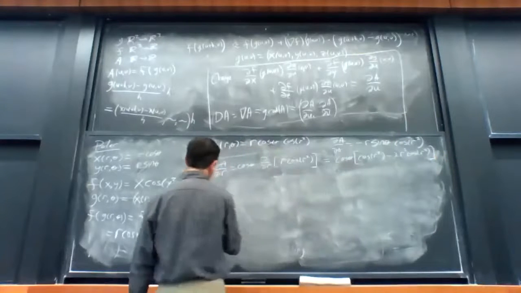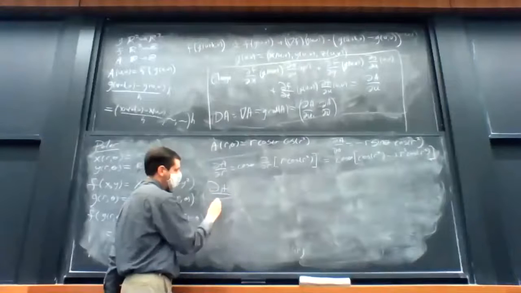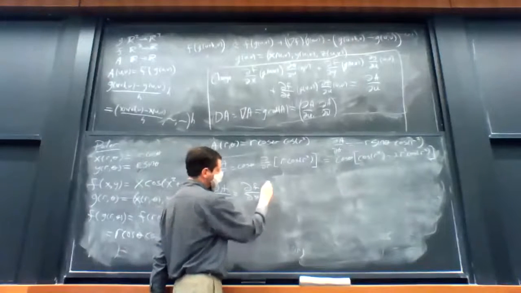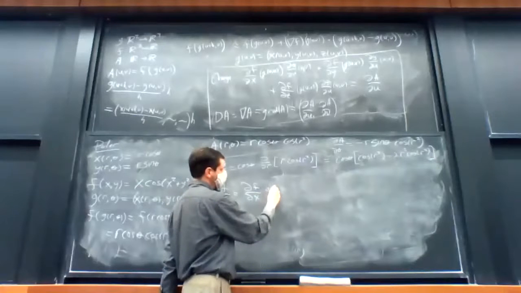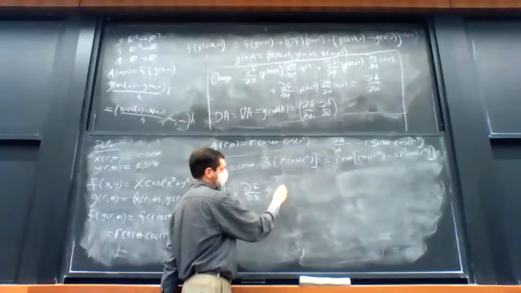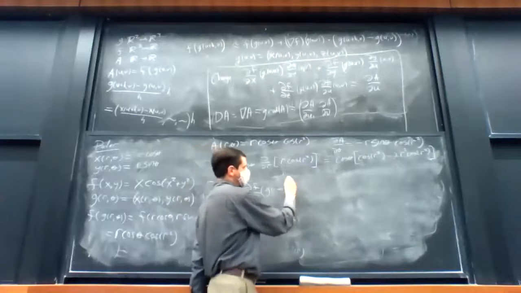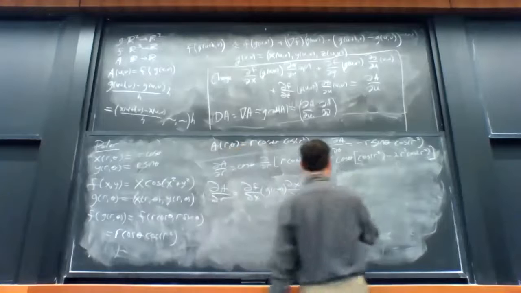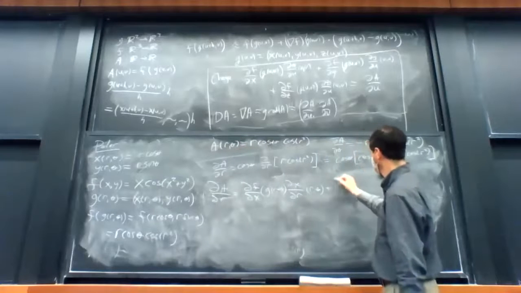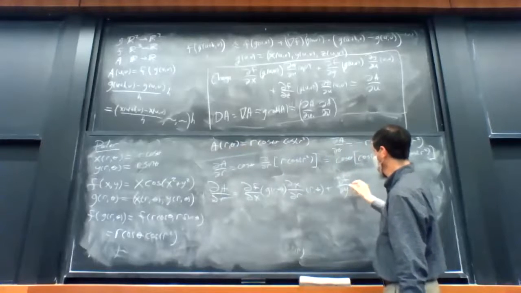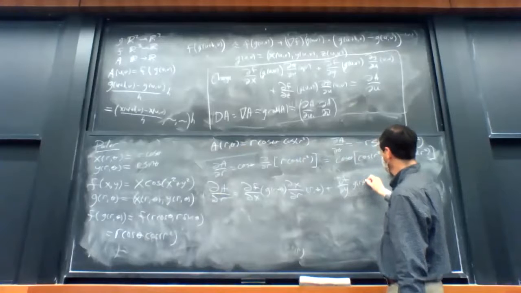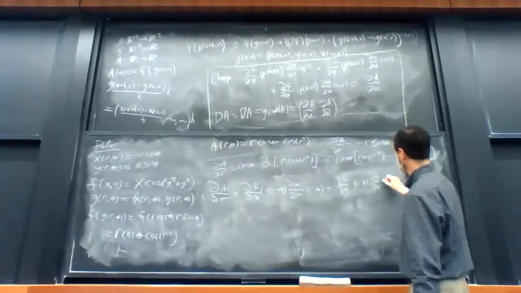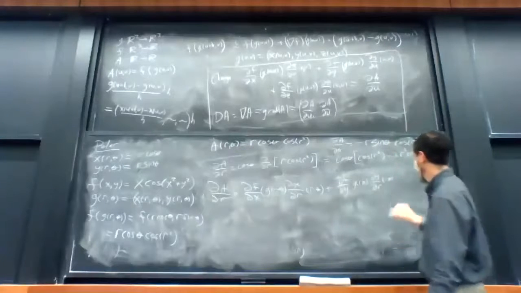All right, so now let's calculate dA/dr the long way. dA/dr is df/dx at g of r theta times dx/dr at r theta plus df/dy at g of r theta times dy/dr at r theta.